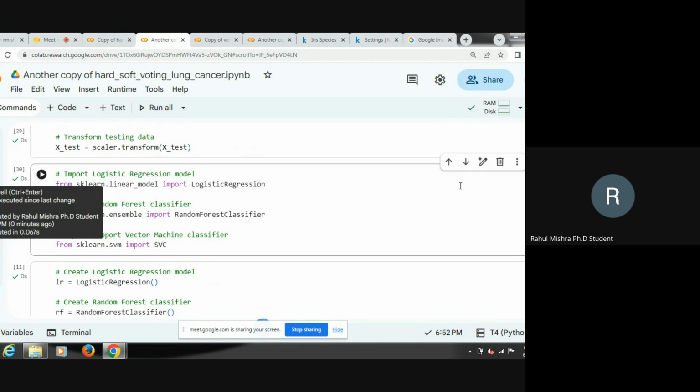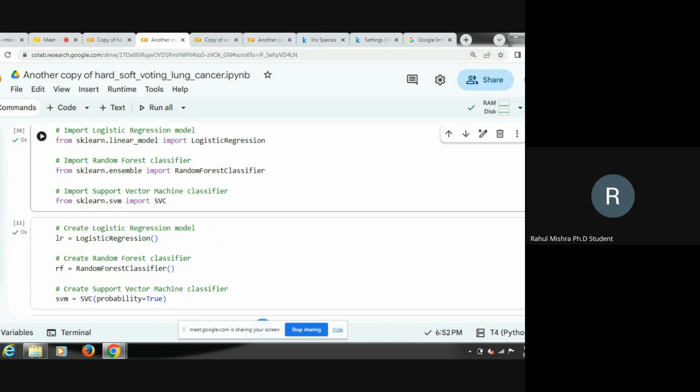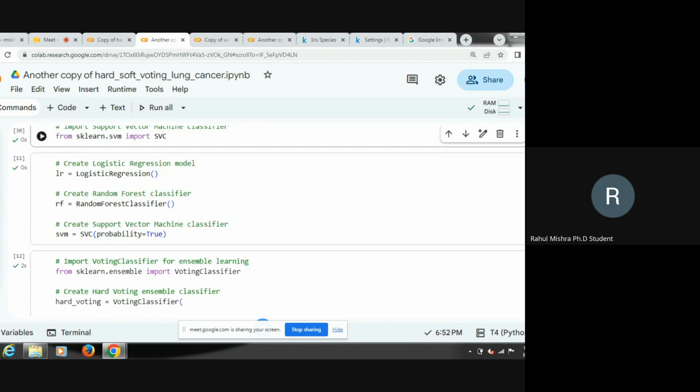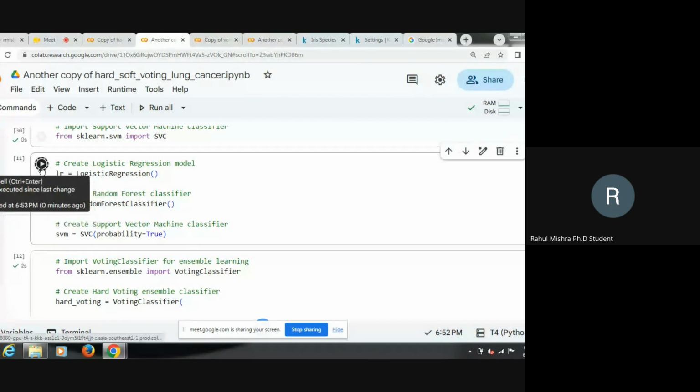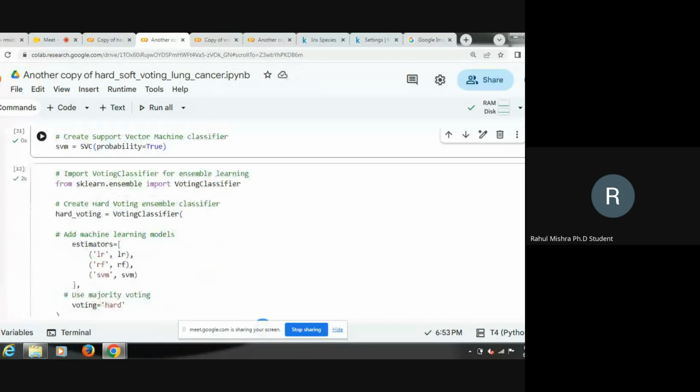We are using them, and by looking at individual performance and by grouping them, we can see how they work together and what results we get. So we are creating the objects of each model. Then this is the important part that we covered in the lecture section. Here it is hard voting.